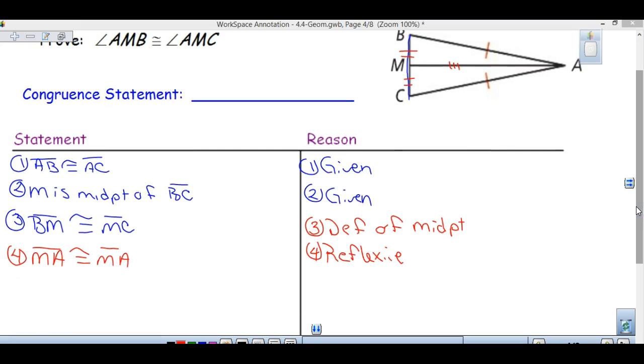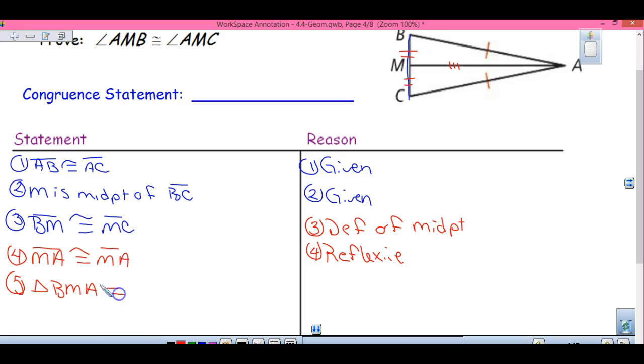Okay, so if we use triangle BMA is congruent to triangle, what goes with B? What goes with M? What goes with A? A. And why are they congruent? SSS.